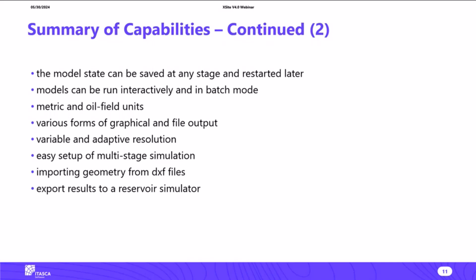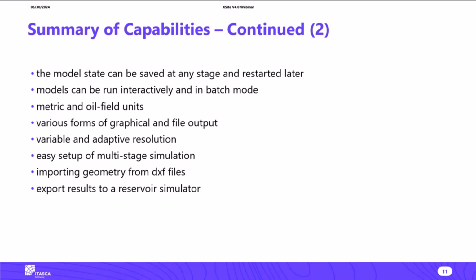In ExSite, the inputs are for specific units. However, we have two unit systems, so the code can be set up and run using the metric system or using oil field units, typically used by the petroleum industry. There are different forms of graphical and file outputs.